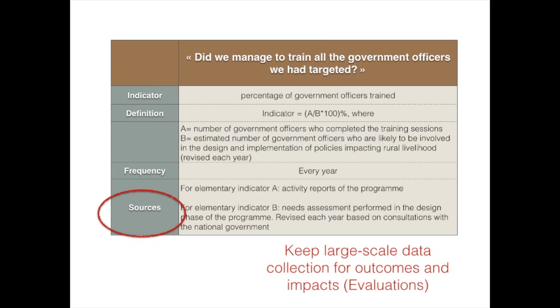On the other hand, for the outcome and impact level, you can also use some data which is coming from your program's implementation, but you will also use sources such as surveys or case studies or interviews or that kind of things, and mostly you will keep that for evaluations or midterm reviews.